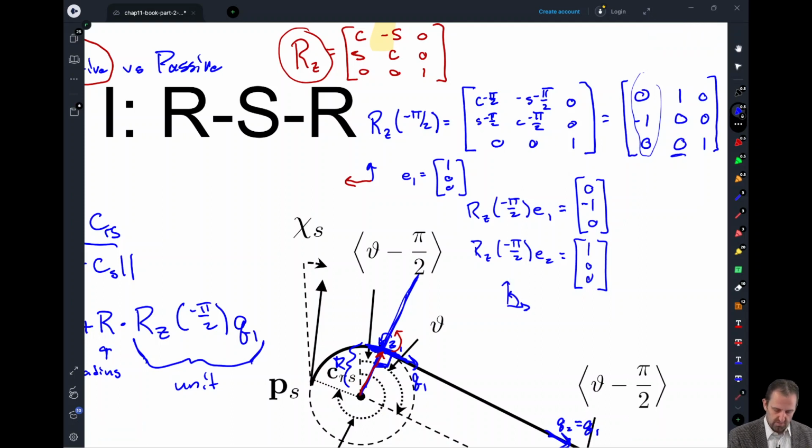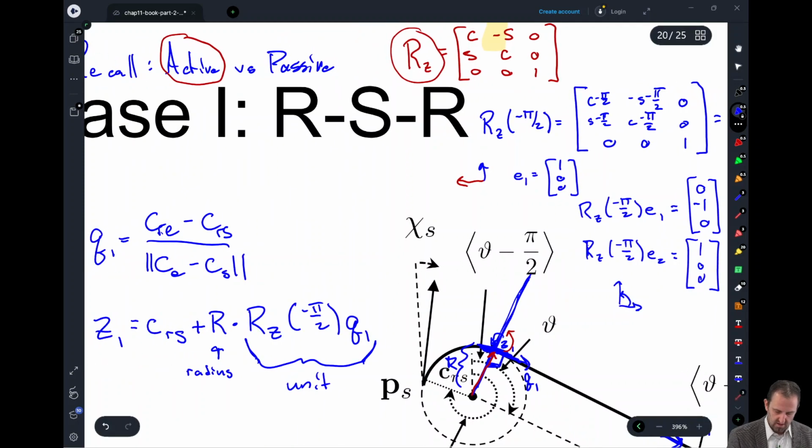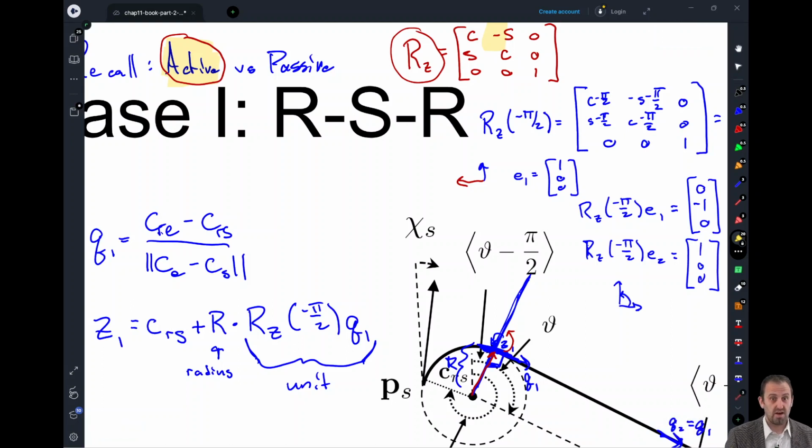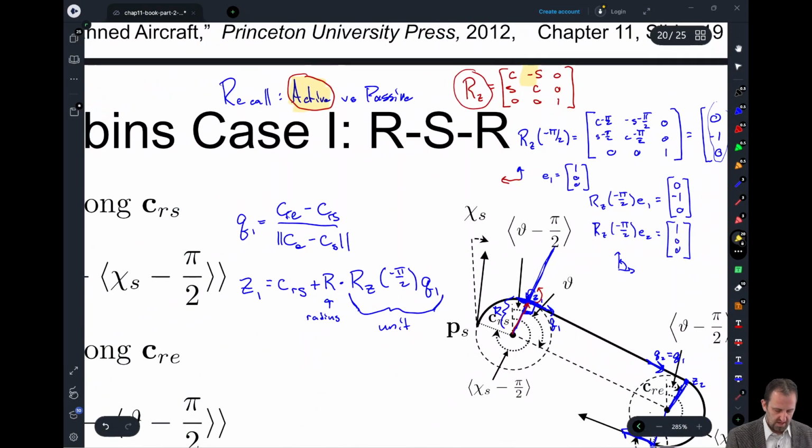So just want to make sure that you're very clear that when we're writing RZ in these lectures right here, we're talking about an active rotation of our vector. So you have to be careful. The negative is in the wrong spot according to chapter 2, right? Not the wrong spot.